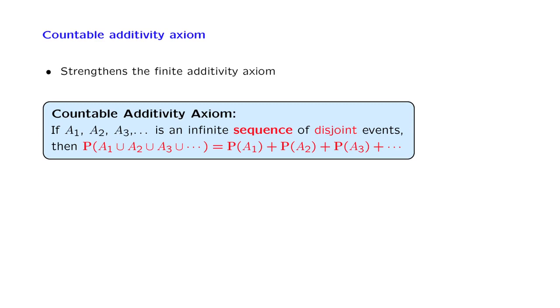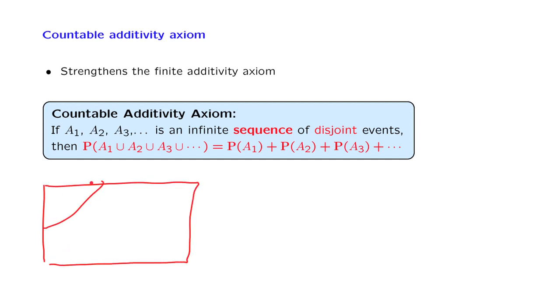The axiom that we introduce is the following. If we have an infinite sequence of disjoint events, as for example in this picture, we have our sample space, we have a first event A1, we have a second event A2, a third event A3, and so we keep continuing and we have an infinite sequence of such events.